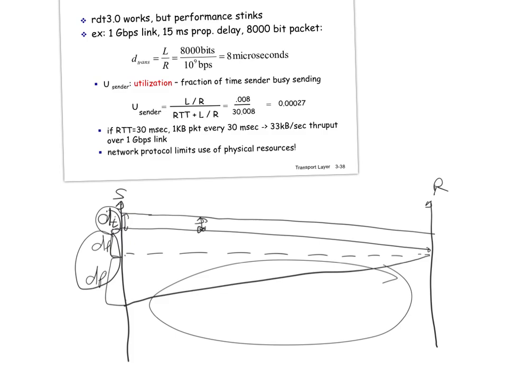So during this entire period, what I essentially did is that I sent only one segment. But I consumed the channel for this entire period of time. So it's 1 transmission time plus 2 propagation time. And I ended up using the channel only for 1 segment.